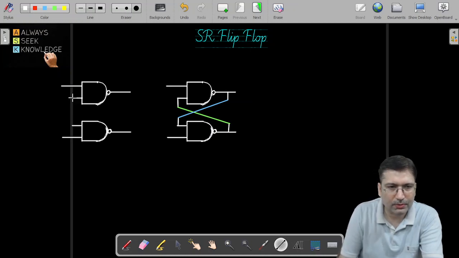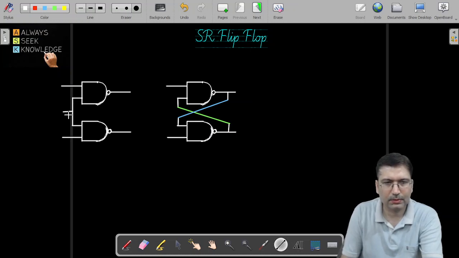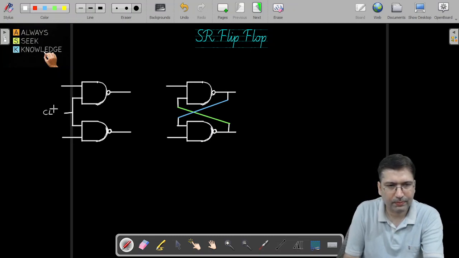So the clock which we are passing here. So let's say here we are passing a clock. So there is a clock. This is S pin and this is R pin.